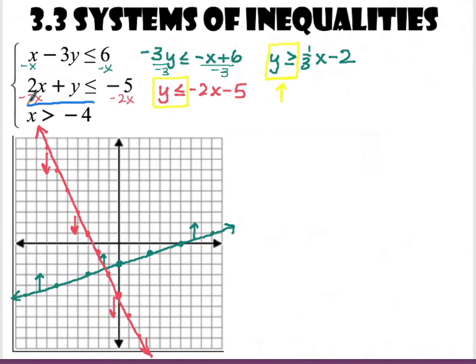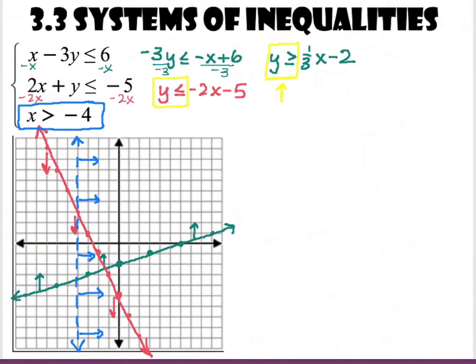Finally, if I graph x is greater than -4, that's my first dotted line, and x equals -4 is this vertical line that goes through x equals -4. And since it's greater than, I'm going to shade on the right side of that line.